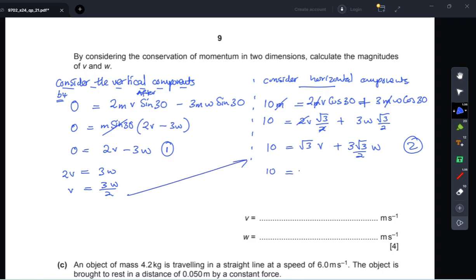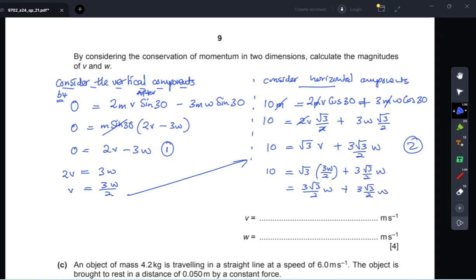Right, 10 is equal to root 3 times 3w over 2, plus 3 root 3 over 2 w. So we still get the same thing here. I'm sure you can see that it is 3 root 3 over 2 w and another 3 root 3 over 2 w.